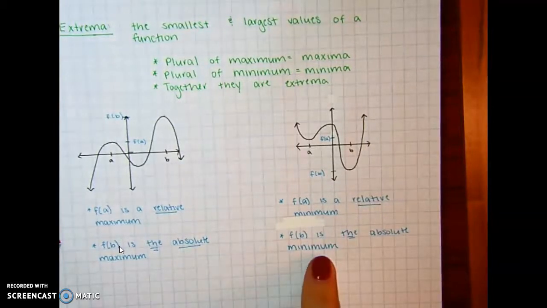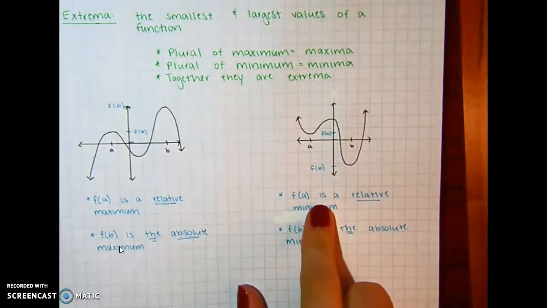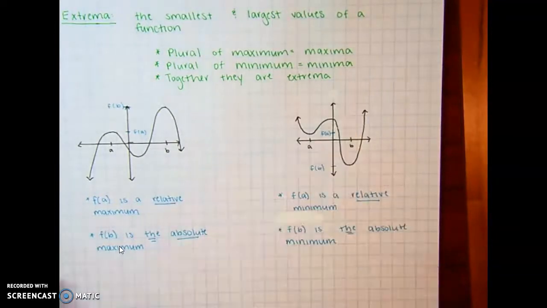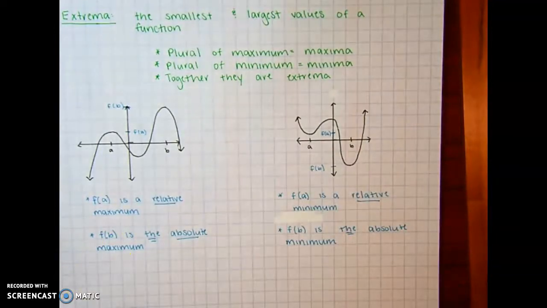Okay, so f of B is the absolute, f of A is the relative, and then this would be a relative max. So let's do an example and I'll show you how to use it in your calculator.